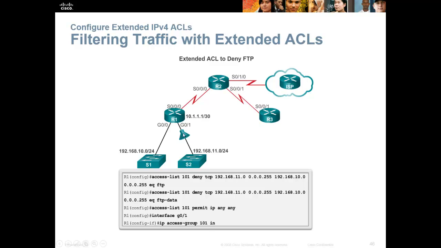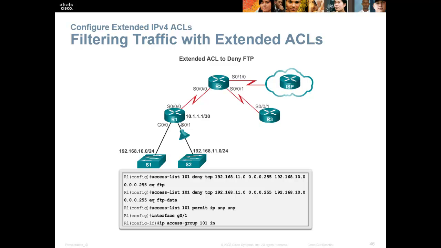So in this network over here, what I'm doing is I'm blocking any FTP access and then allowing everything else. I'm applying it inbound so that it gets blocked before it goes anywhere, so that, again, the router doesn't have to make any changes. So if you're trying to block one specific thing, that's how you can do it. Block the specific thing and then do a permit any to allow other traffic through.